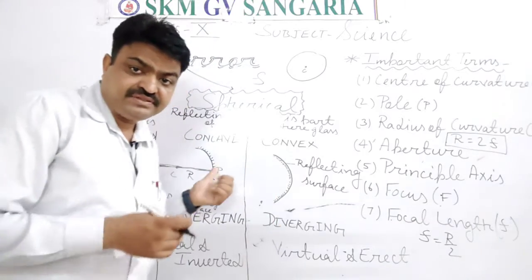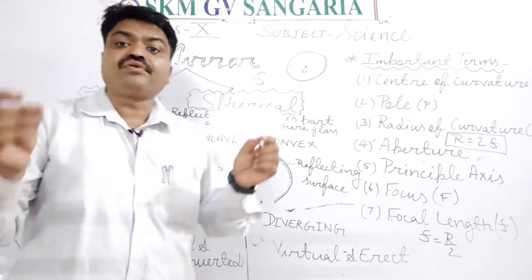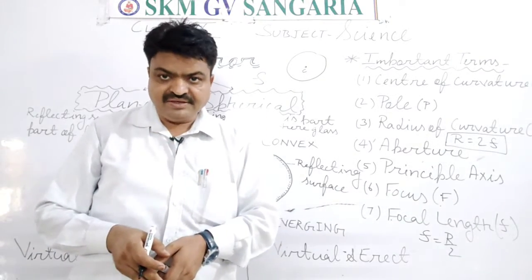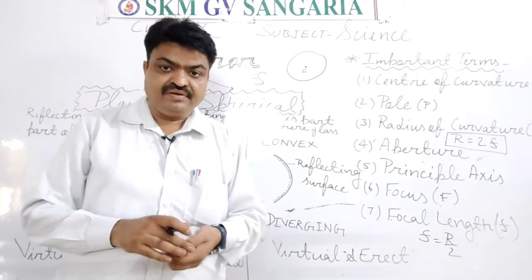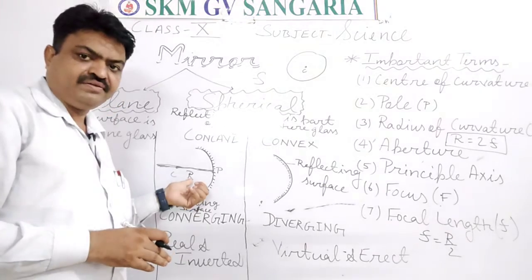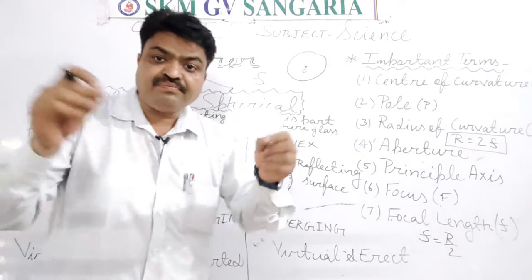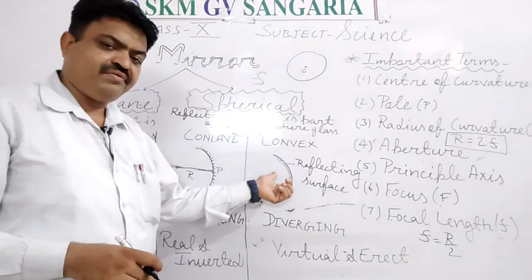This is the line where the focus takes place, meaning light converges here in the case of a concave mirror, or appears to meet in the case of a convex mirror.